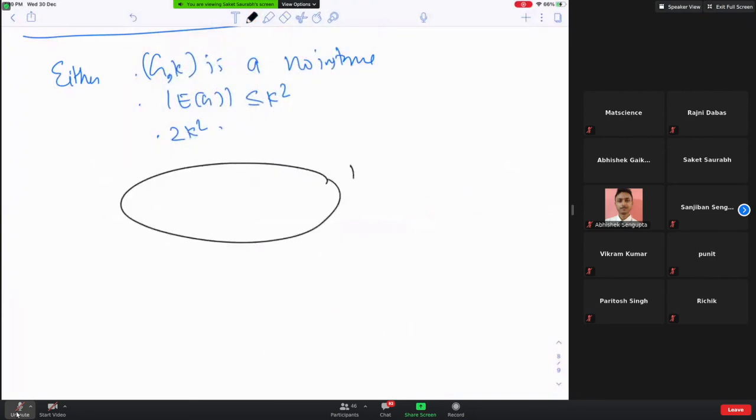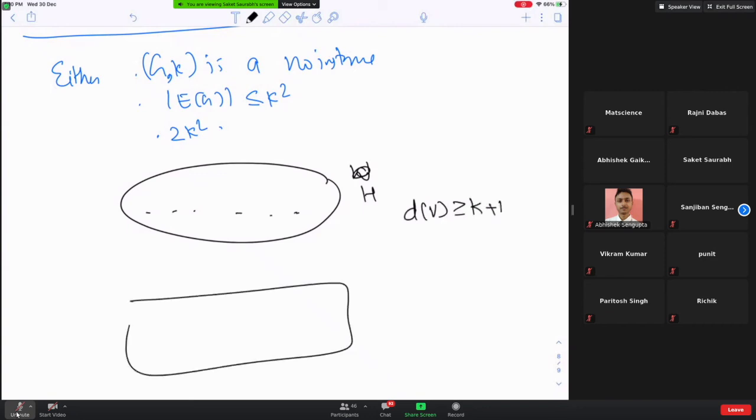Here's a set of vertices, let's call it High, where the degree of v is greater than or equal to k plus 1. And this is a set of vertices whose degree is at most k, let's call it Low.